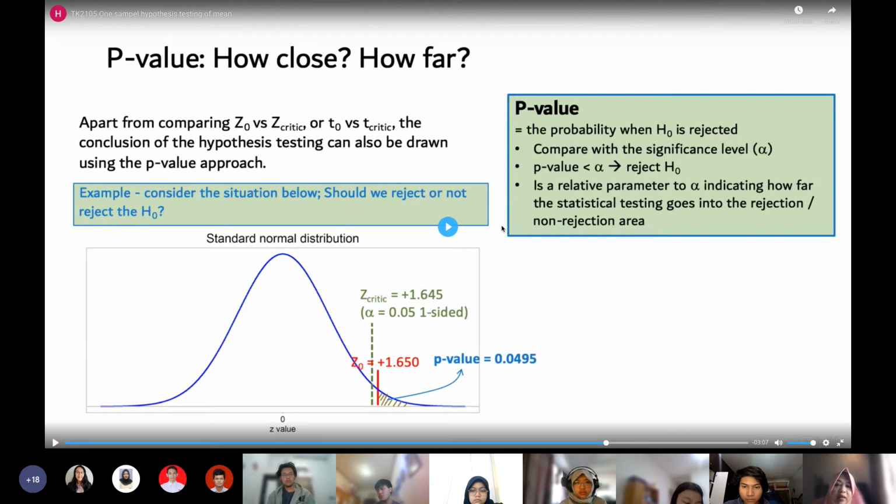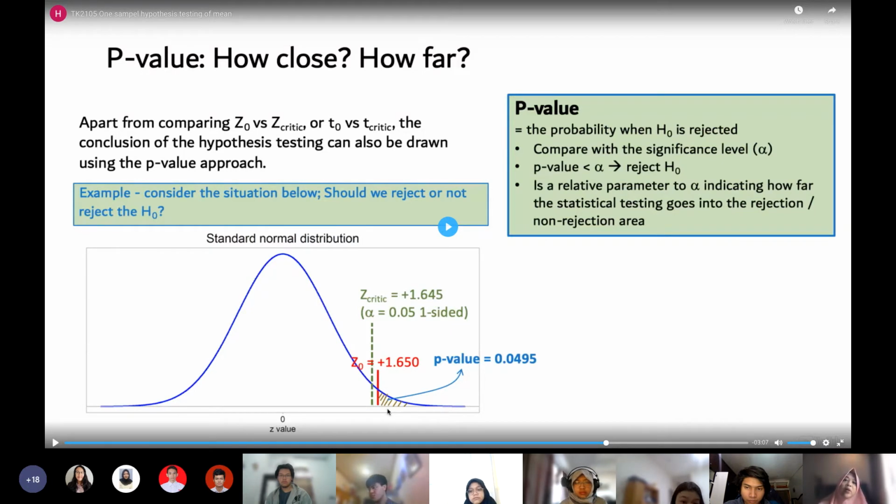A p-value is the area over here, which is the area from Z null over here to the infinity over there. So how much of the area is H0 rejected?